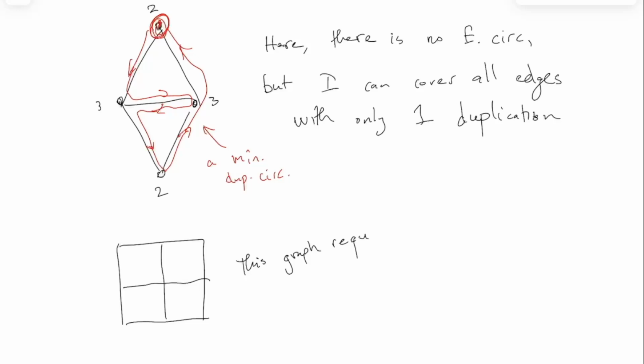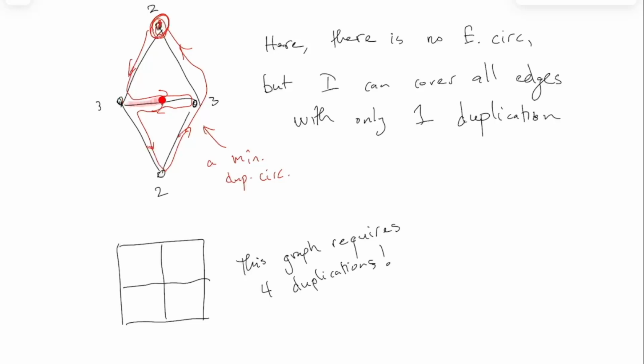This requires, and we'll talk about how you can figure this out, but just a little preview, this graph requires 4 duplications. So there is an interesting question about when I just show you a graph, how do you even know how many edges I am going to have to duplicate? And then furthermore, which edges am I going to duplicate?